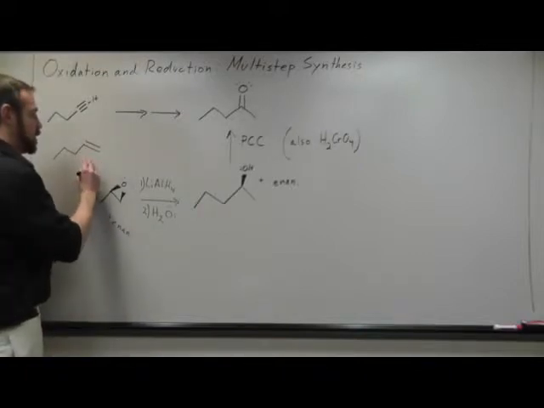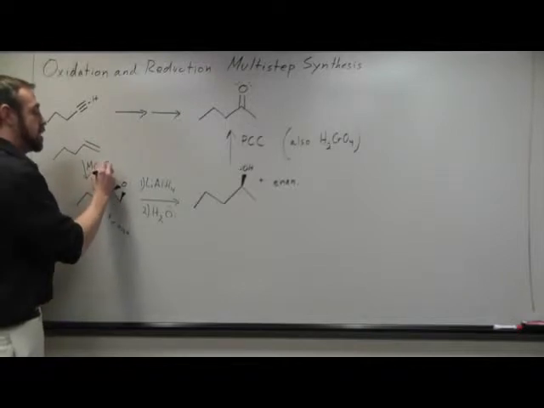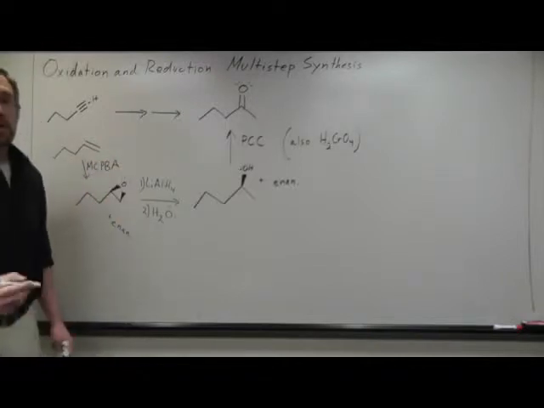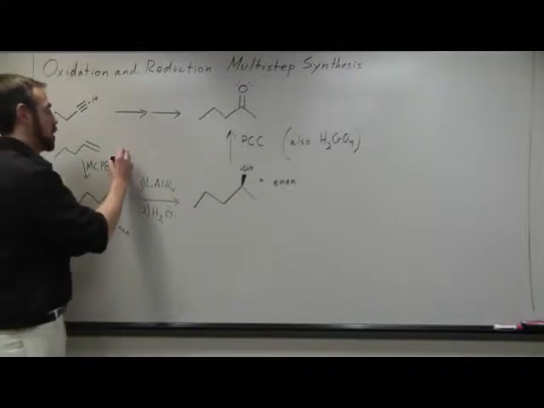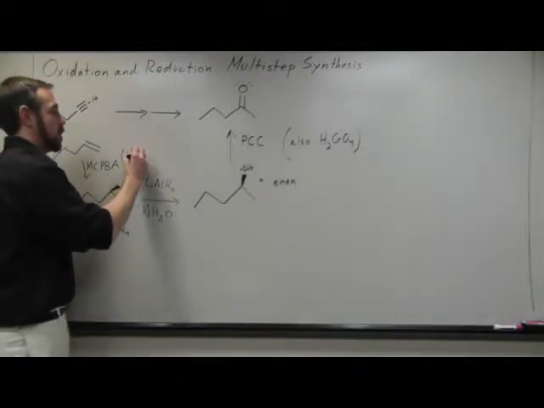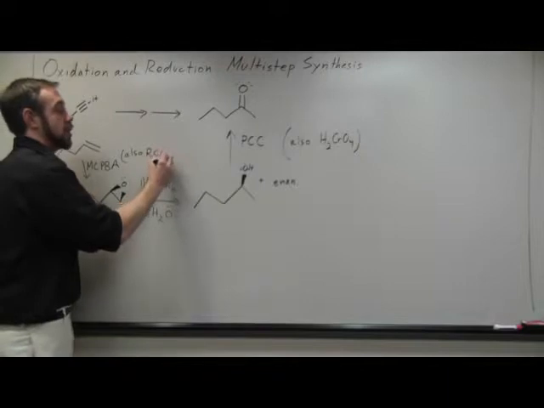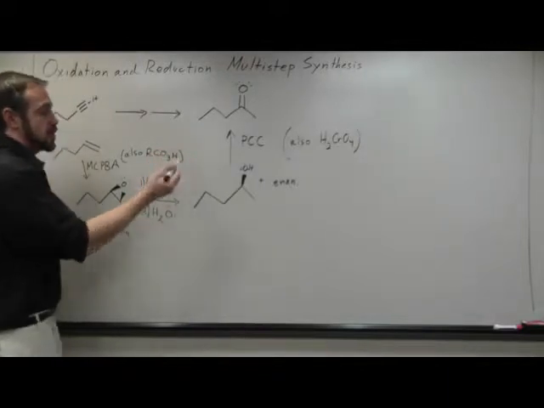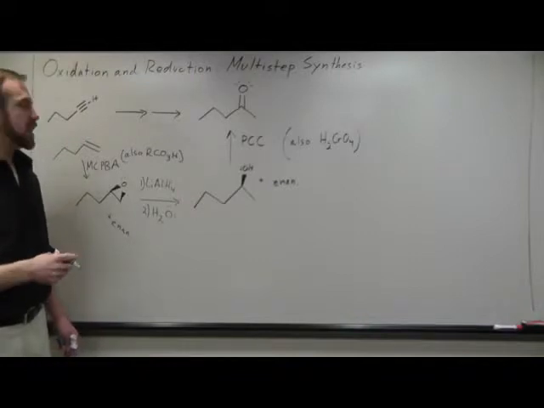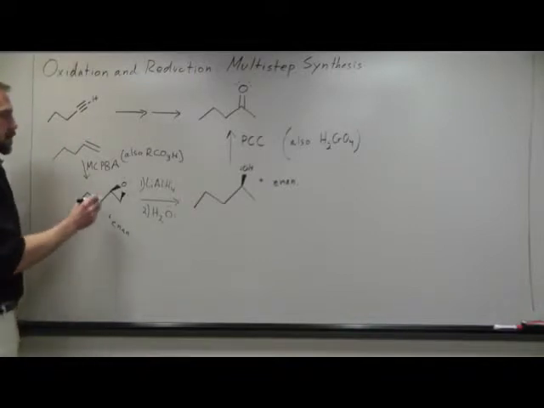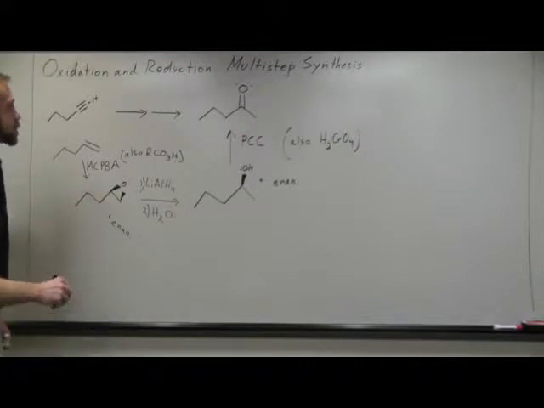And it could be one like MCPBA, or you could have written just the generic RCO3H, which shows the structure or condensed formula of a peroxy acid. But these will then react to make this mixture of enantiomers.